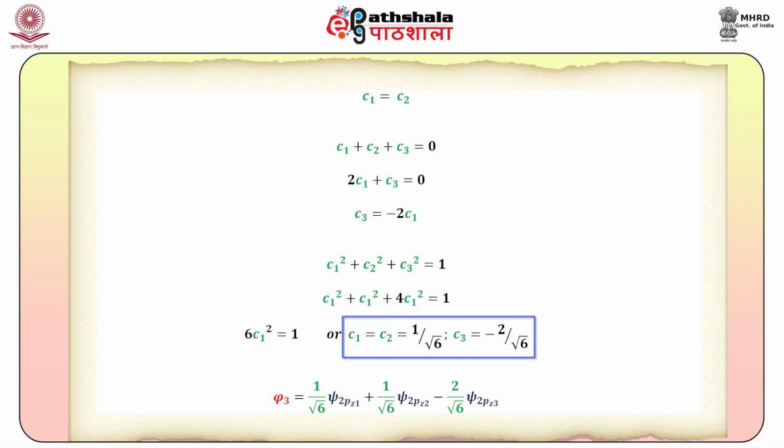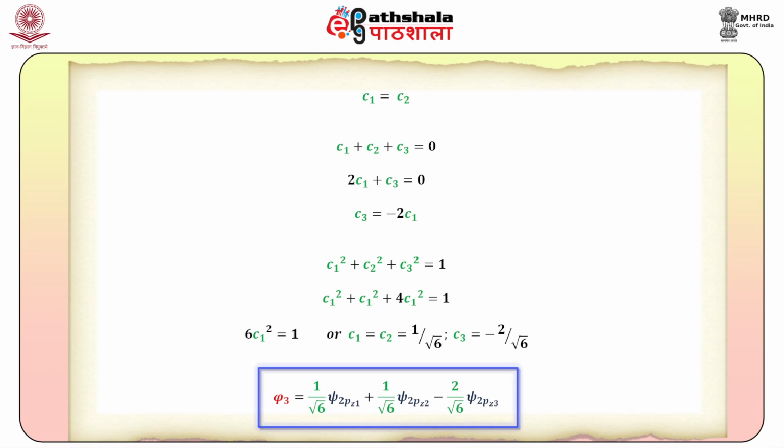Using these values of the three coefficients, one can write the molecular orbital Phi3 as Phi3 equals 1 upon under root 6 psi 2pz1 plus 1 upon under root 6 psi 2pz2 minus 2 upon under root 6 psi 2pz3.